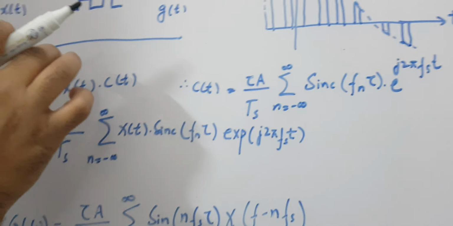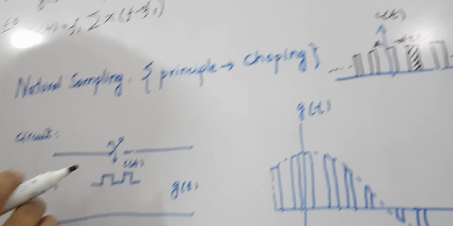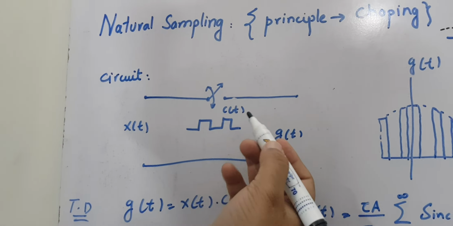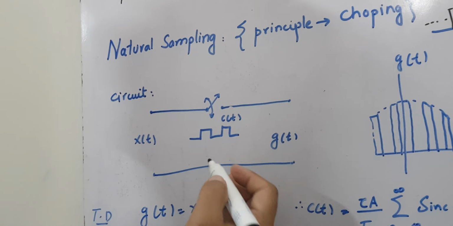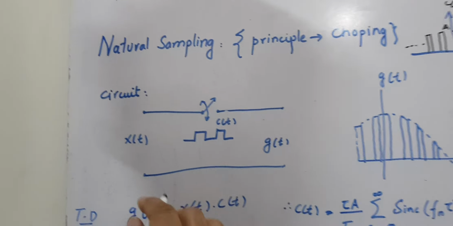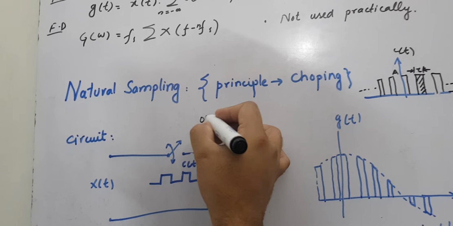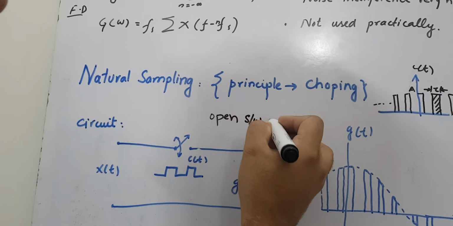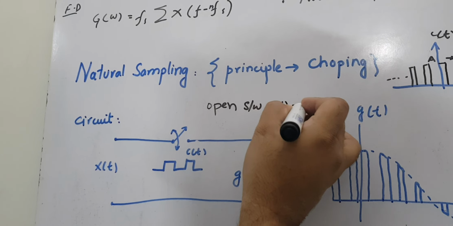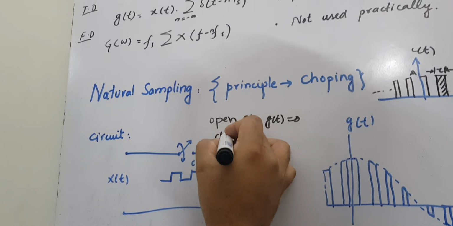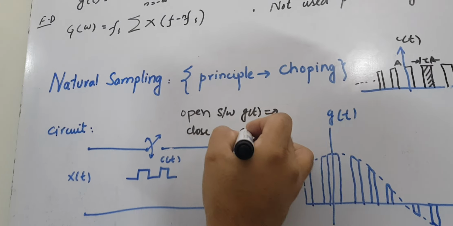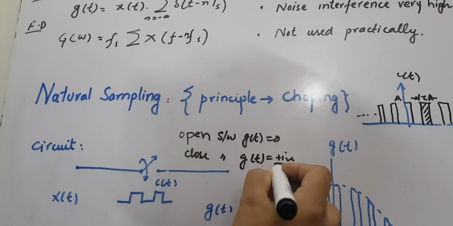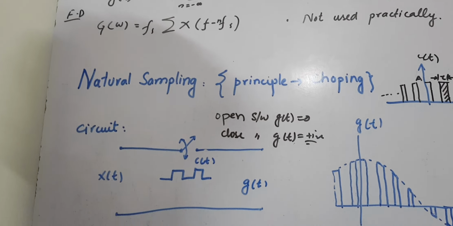If your switch is closed, x(t) will be the output after multiplying with this pulse. But if the switch is open, your output is 0. So with the switch open, g(t) is equal to 0, and with the switch closed, g(t) will be some positive value depending on c(t).